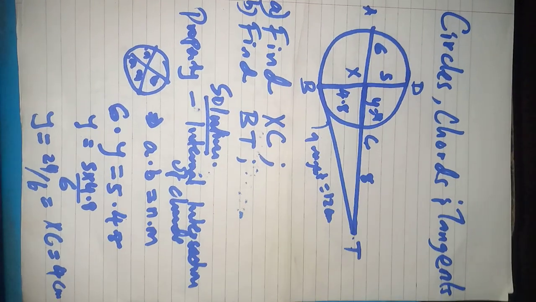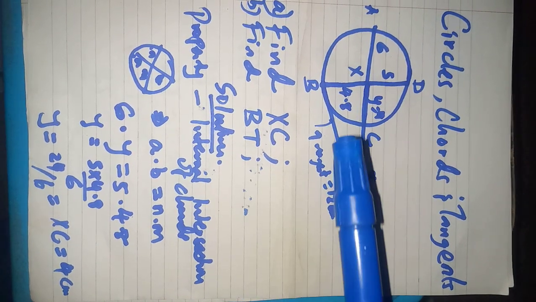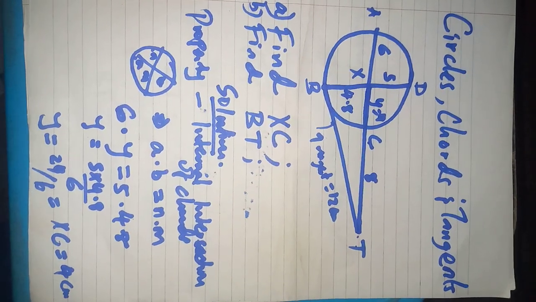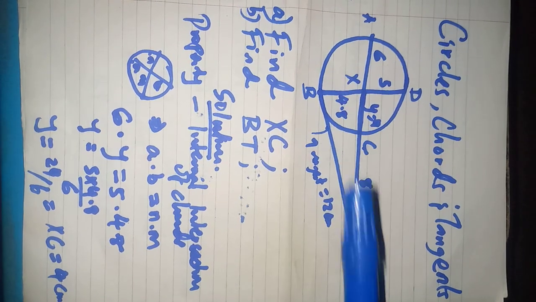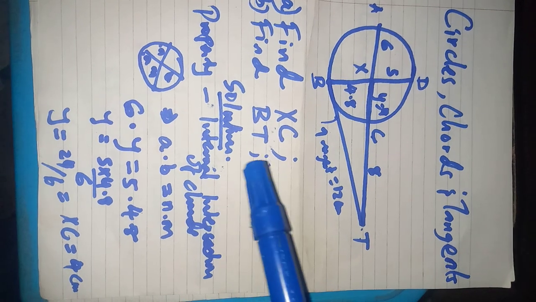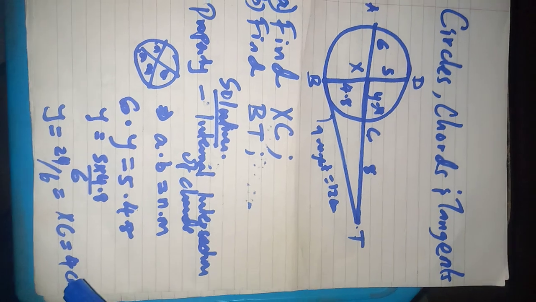So when I conclude, this is what I did for the first case. You are asked to find xc, and I told you that to find xc, you just cross multiply the opposite lengths of the intersecting chords, which we did and got our answer as 4.